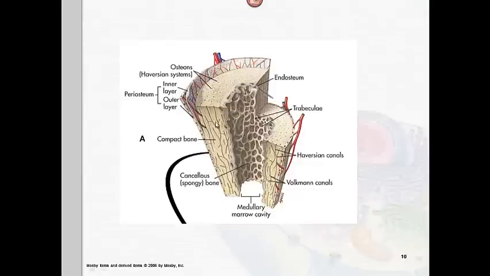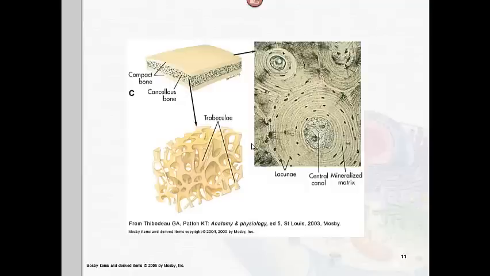You have the canaliculi inside. You have the Haversian canals in the compact or cortical bone that are not present in the trabecular or spongy bone. Again, you have compact outside and cancellous or trabecular or spongy bone inside.